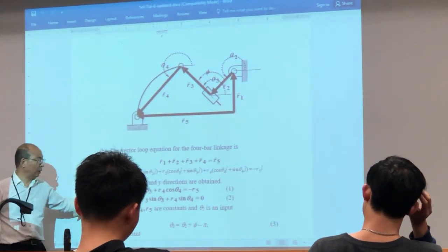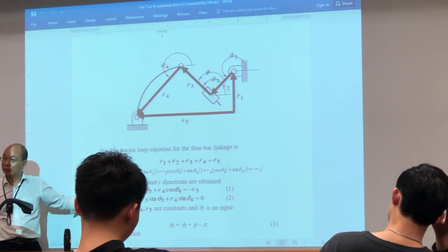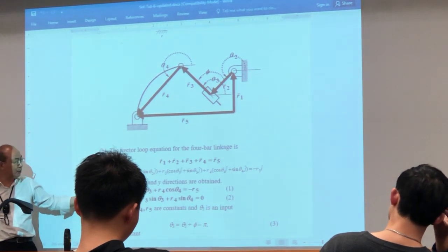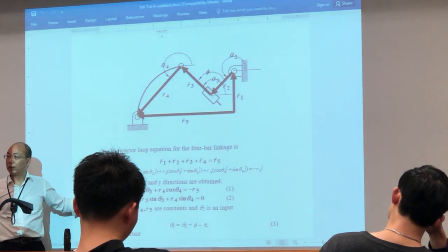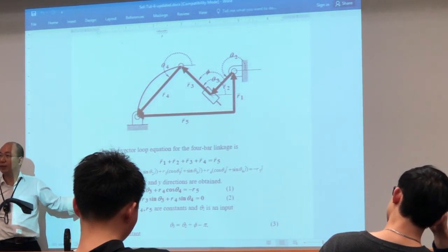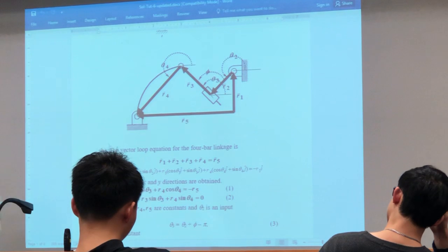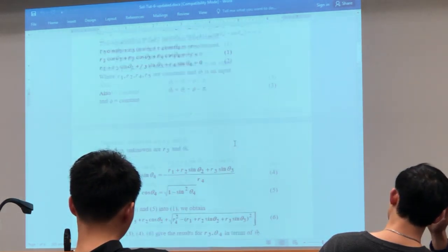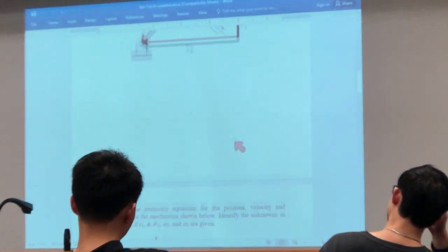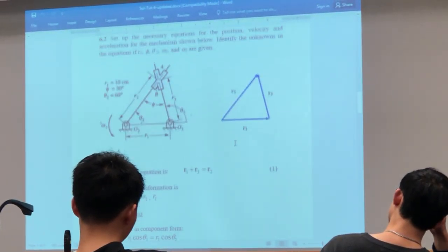So this one is what we call the position equations. If you want to do the velocity analysis, you differentiate this equation with respect to time t. Then you have the velocity. And if you want to do the acceleration analysis, you do one more differentiation. That will come to the next question, where we are going to look at the velocity and acceleration analysis.